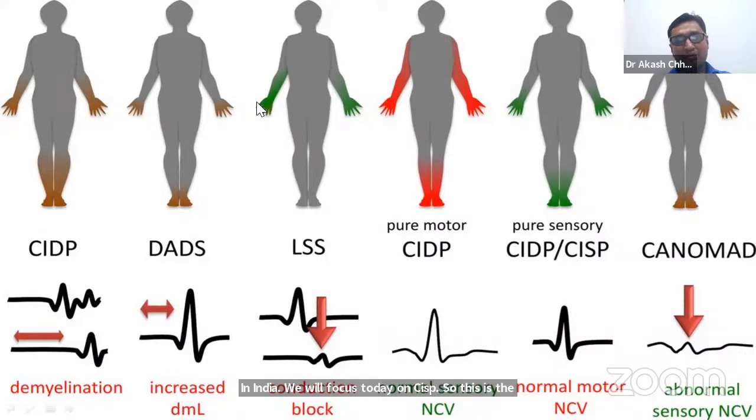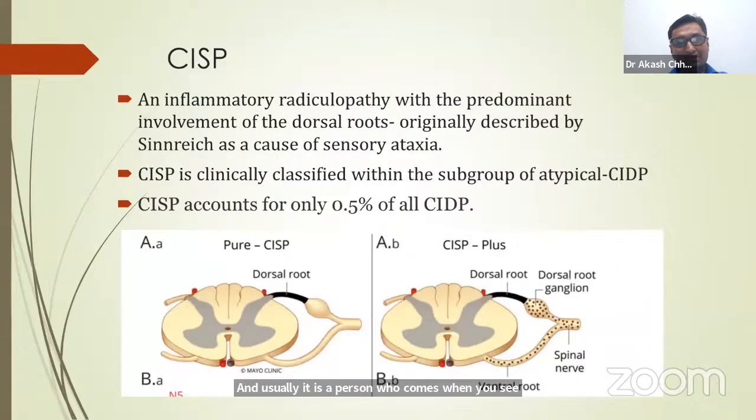And usually, when you see this diagram of the spinal cord with the ventral and dorsal roots, you will find the disease process usually involves the whole of it. And usually that is what happens in CIDP.